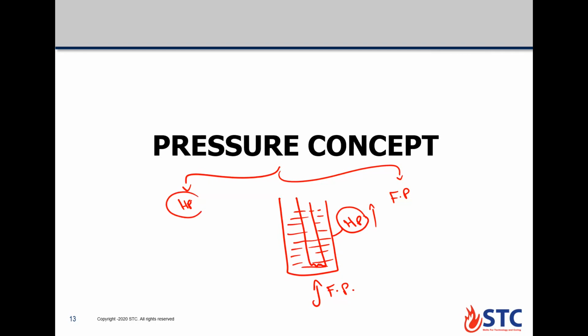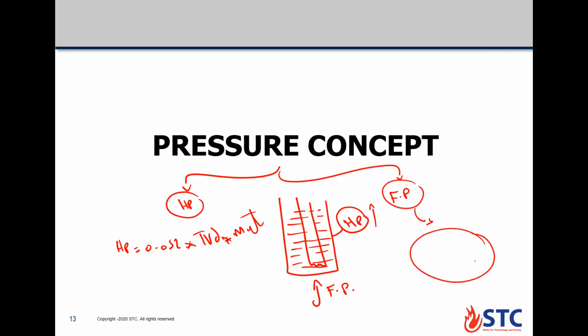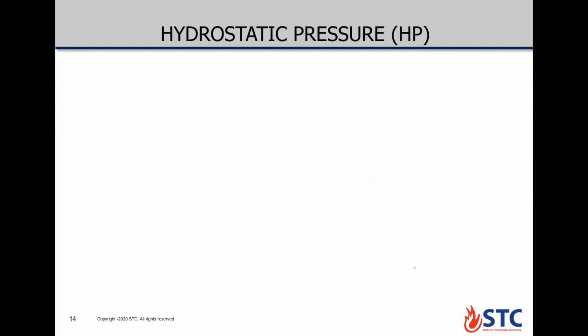So the hydrostatic pressure, as you want to see, equals what? Hydrostatic pressure equals 0.052 times TVD times mud weight. Okay, we're going to see in detail this formula, and formation pressure is the pressure of the fluids in the pore space of the rock. Okay, so let's go ahead and see.